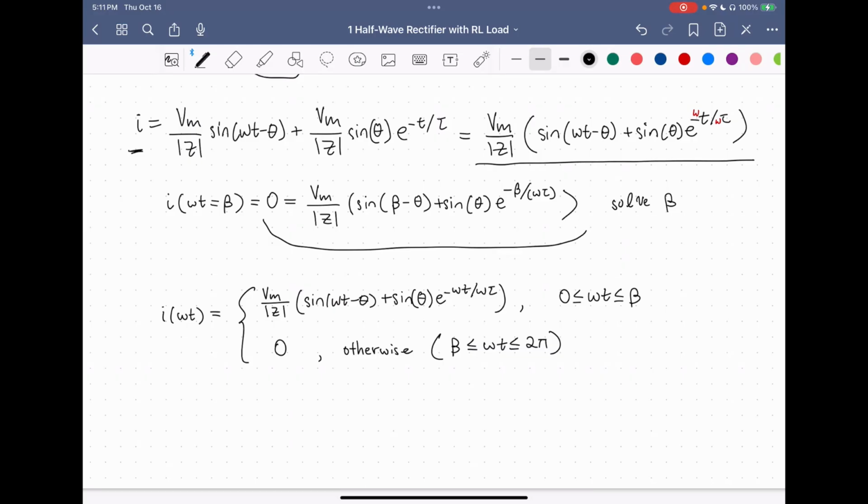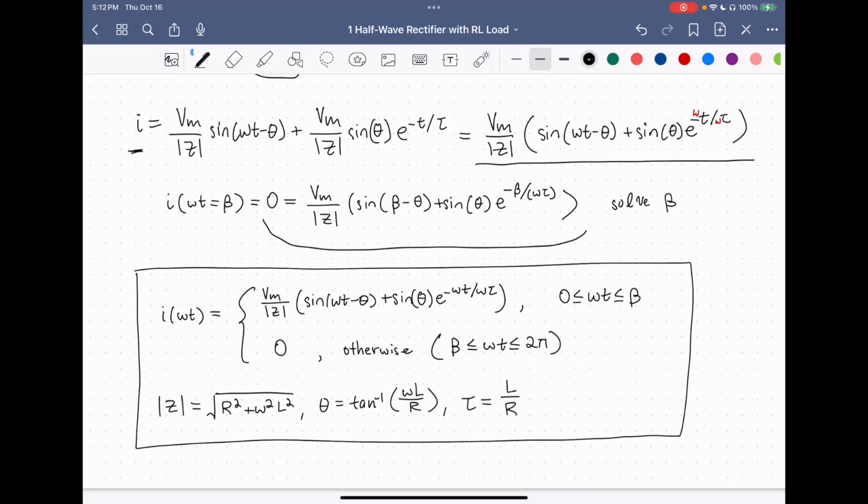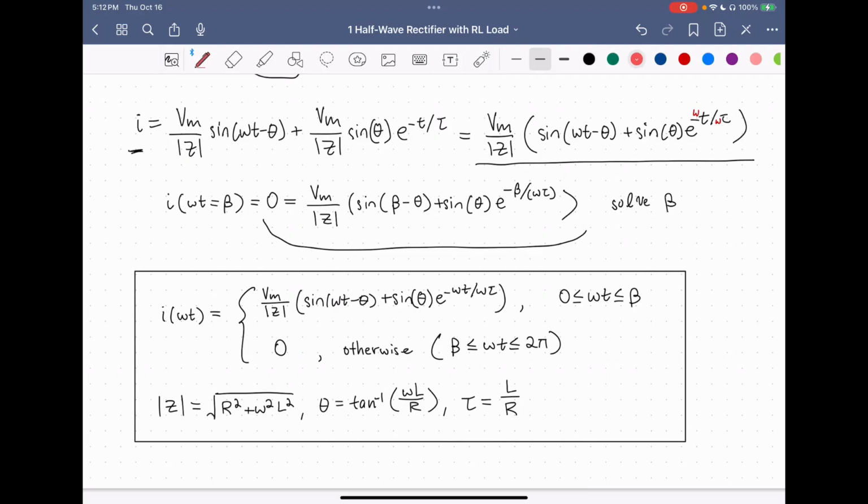Let's also recap: the magnitude of Z is the magnitude of the impedance, the angle theta is inverse tan of omega L over R, and the time constant, our natural response, is the inductance over the resistance. So this is our key expression for the current through the circuit, and note that this expression is used to solve for beta.